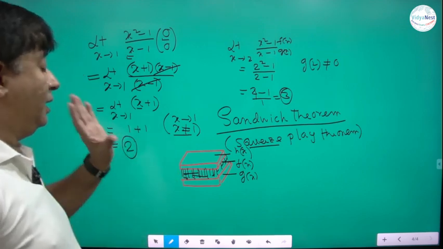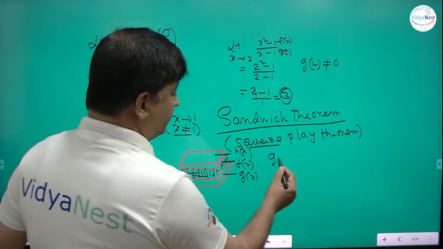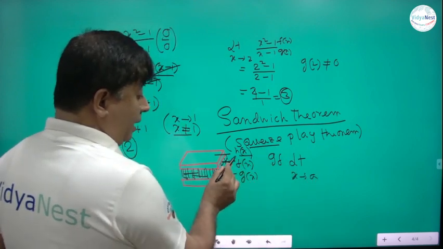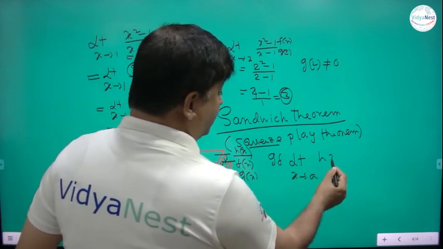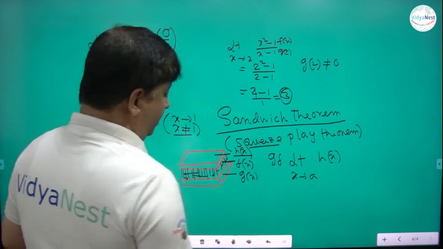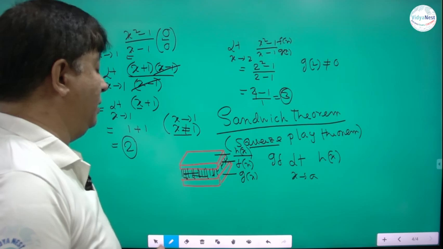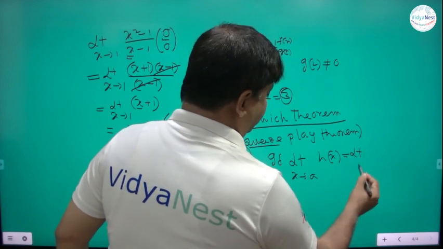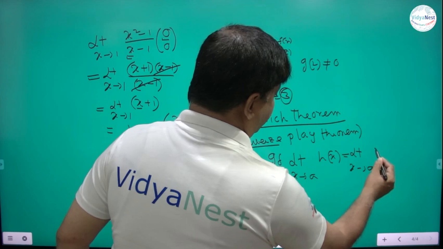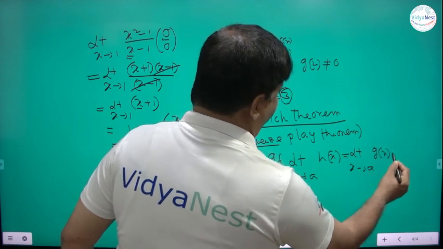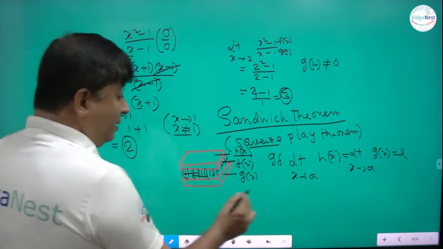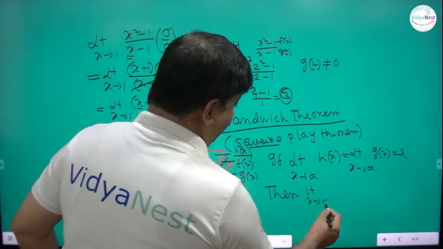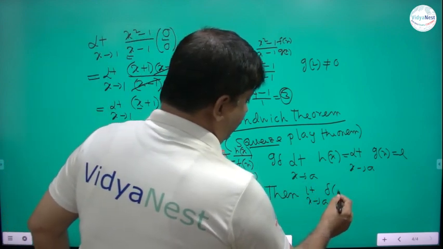So if the limit as x tends to a of the uppermost function and the limit of the lowermost function are equal, then the limiting value of the middle function is also the same.